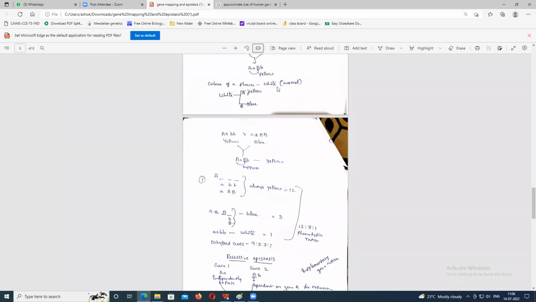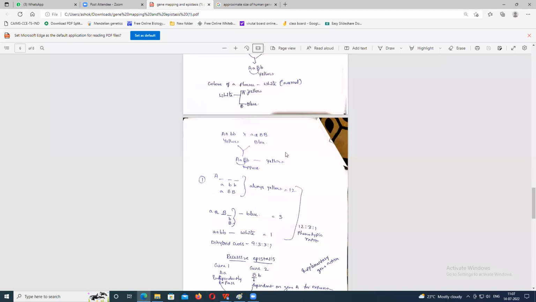To fill the color in this white flower, we need the activity of these genes. If A gene is present, it will give yellow color, or if B gene is present, it will give blue color. Without any gene action, the flower is white in color.